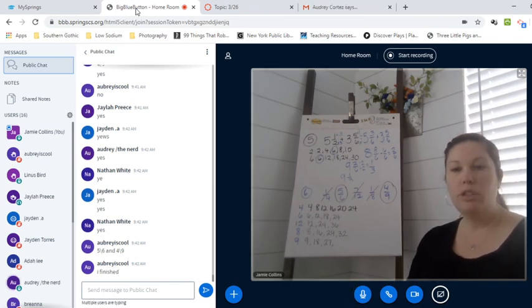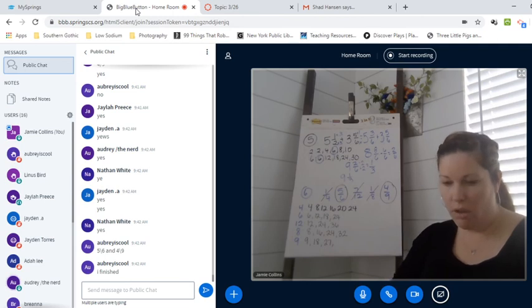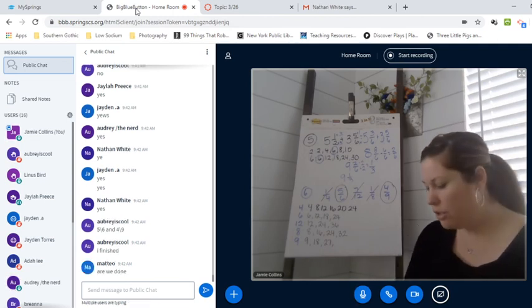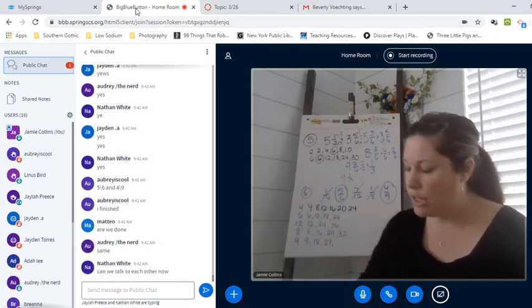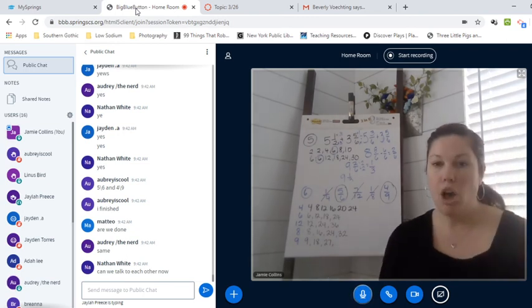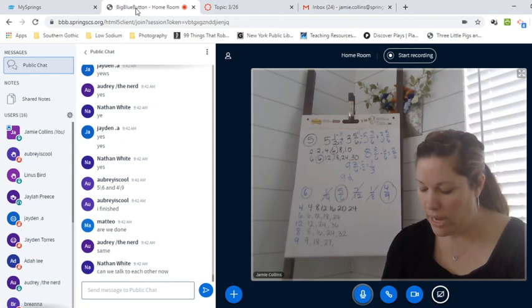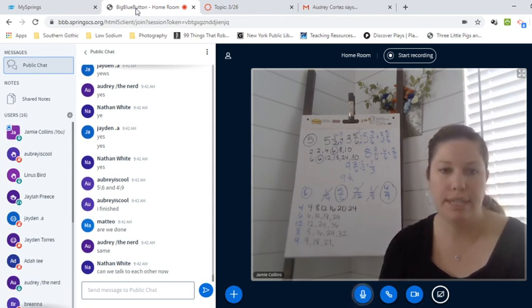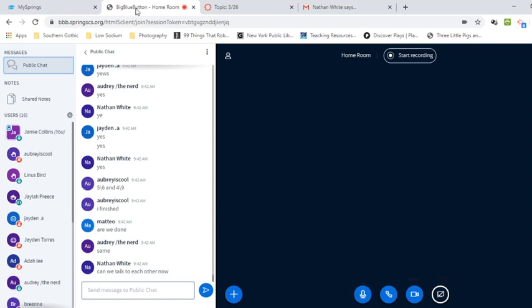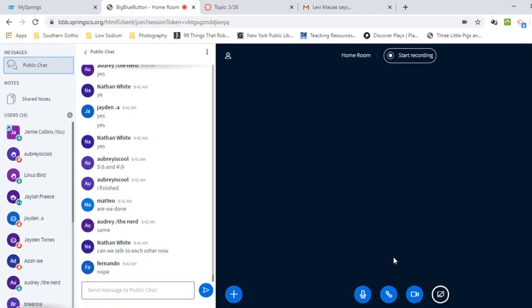Okay, so here's what I want to tell you guys now. Page 246 is optional. So if you would like to challenge yourself, go ahead and do page 246. But it is optional. I think my screen is gone.